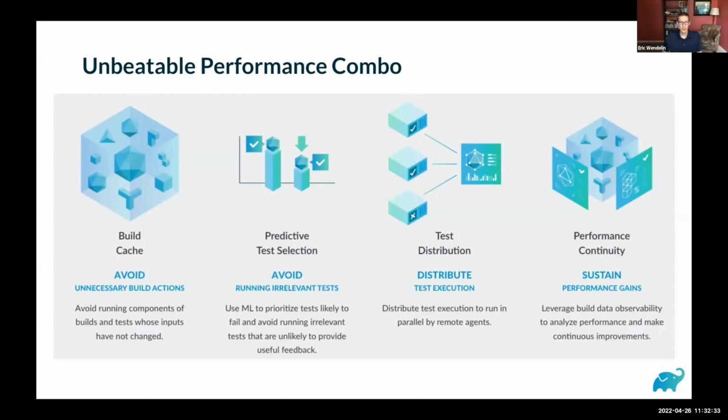Predictive test selection also works with test distribution. So tests selected for execution then get distributed. If you combine those two with slow test analytics, where you can identify and speed up your slowest tests, you basically have an unbeatable performance combination. And you can accelerate your test runs by 10 or 100 times, depending on your needs.